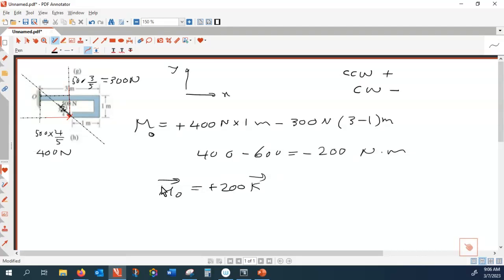Hopefully no one has a question. But when you find the, well, moment is not a scalar. Moment is a vector. So all we calculated as minus 200 is just the magnitude of the moment. So if these forces are acting in plane, my system is going to rotate.